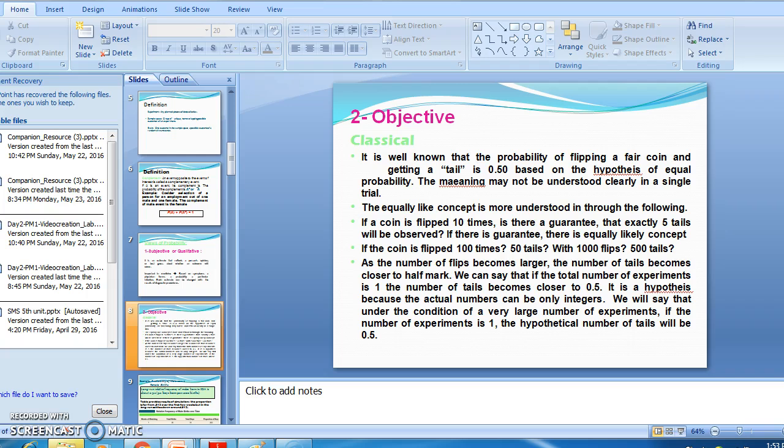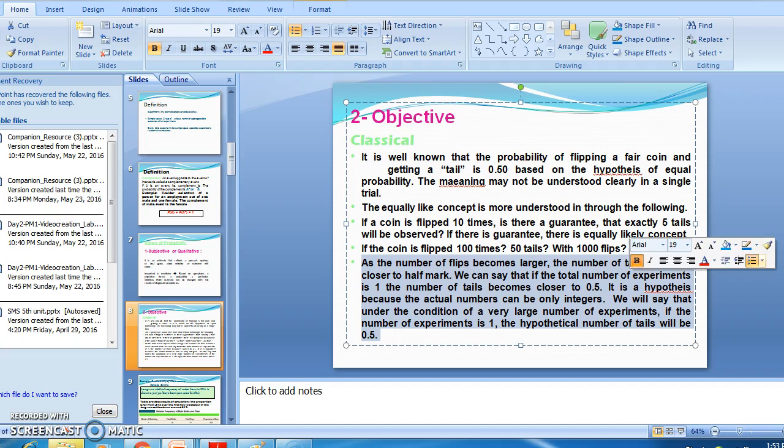With 1,000 flips, are there going to be 500 tails? As the number of flips becomes larger, the number of tails becomes closer to the half mark.